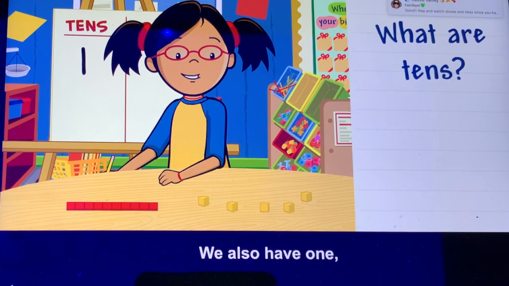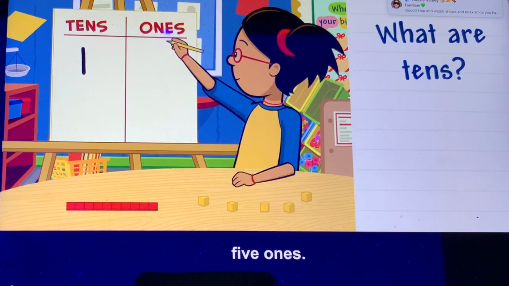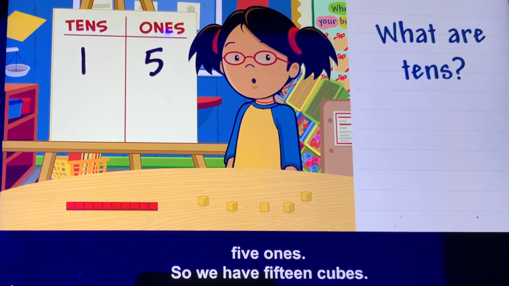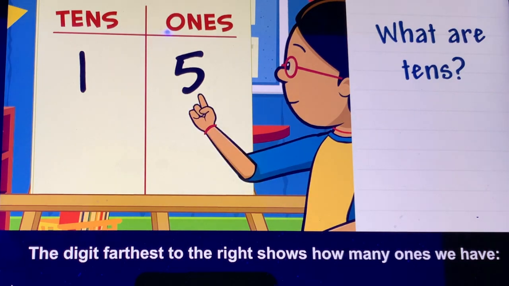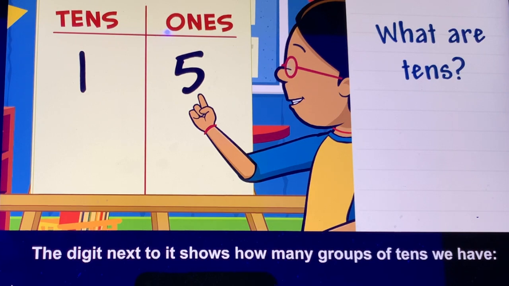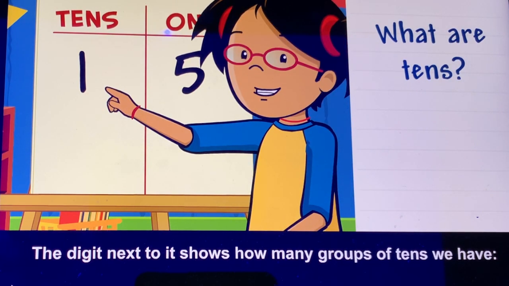We also have 1, 2, 3, 4, 5 ones. So we have 15 cubes. The digit farthest to the right shows how many ones we have, 5 ones. The digit next to it shows how many groups of tens we have, 1 group of 10.